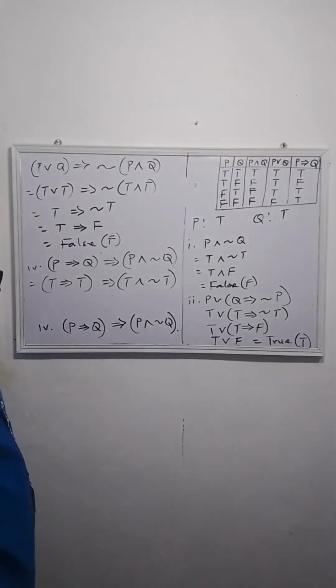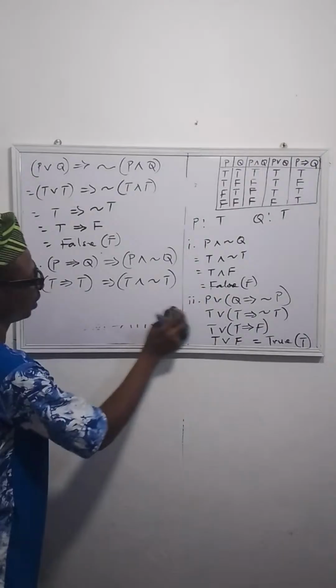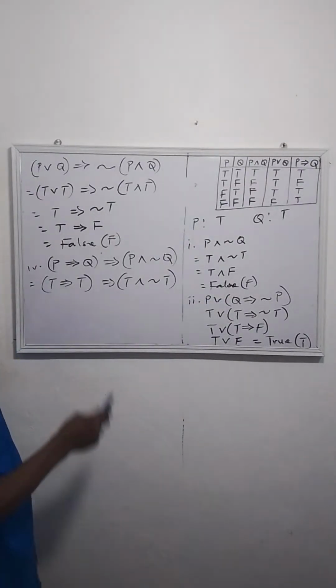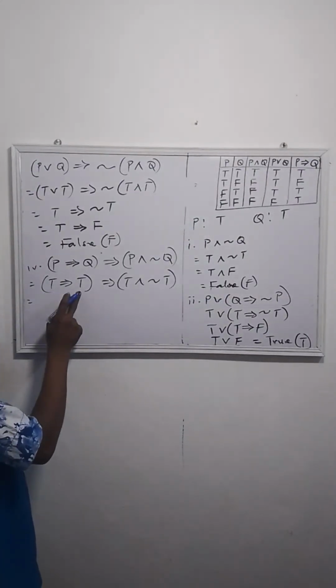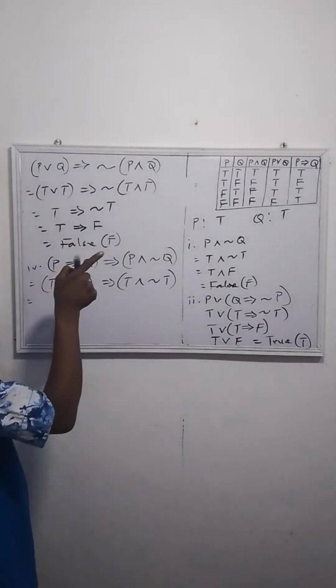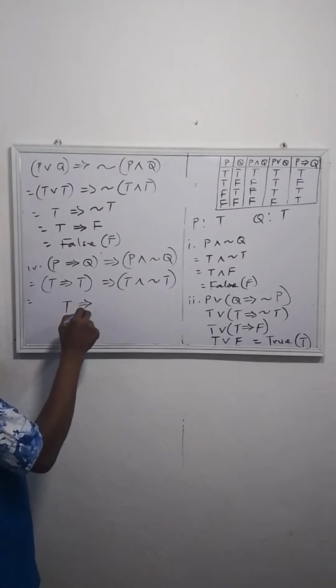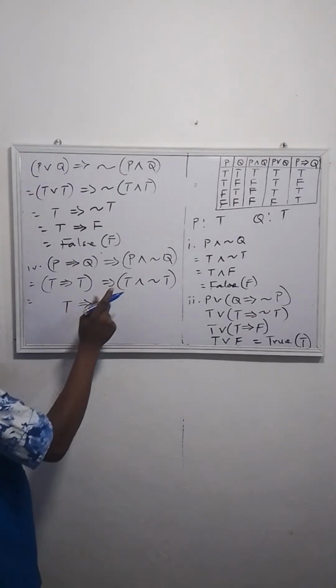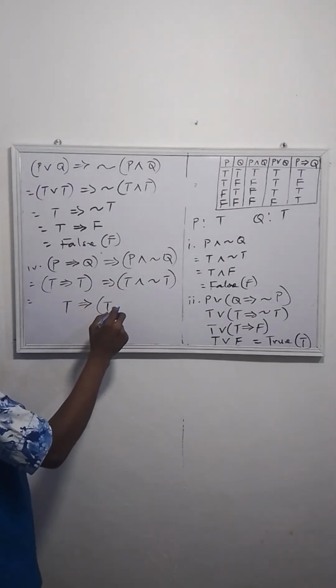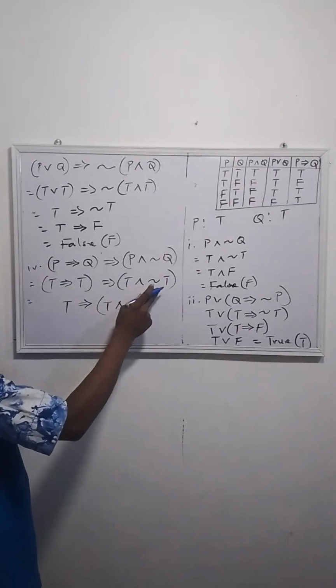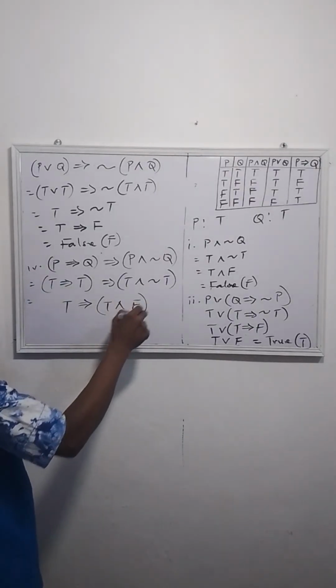Okay, so let's see. What do we have here? So we have true implies true is true. So we have that on the table. You can check. We have true implies. Now this is true and negation of true, that is false.